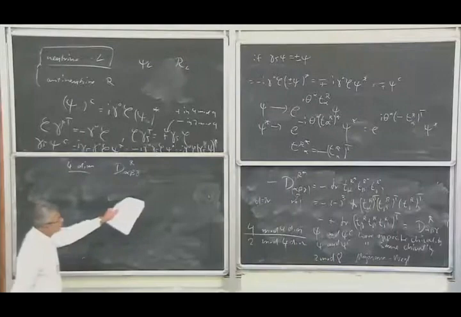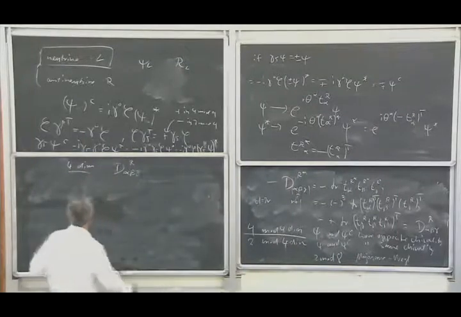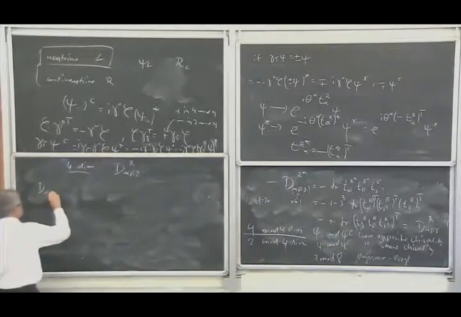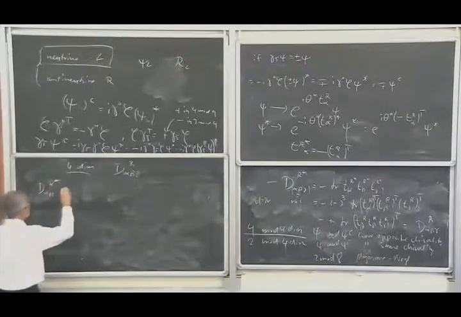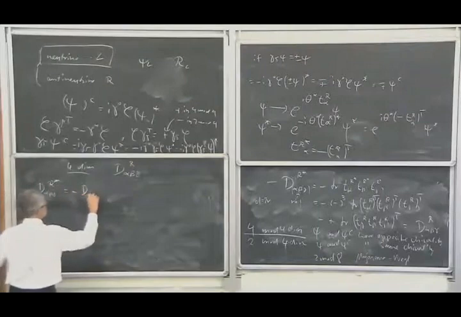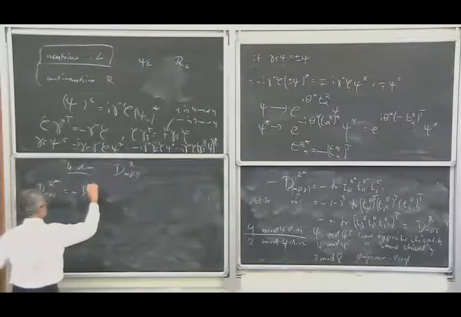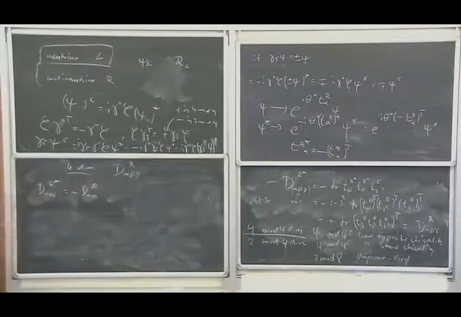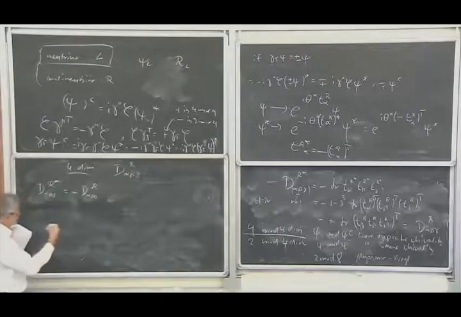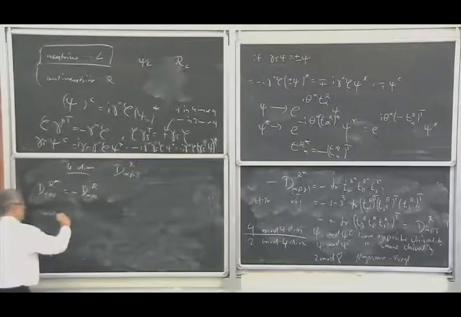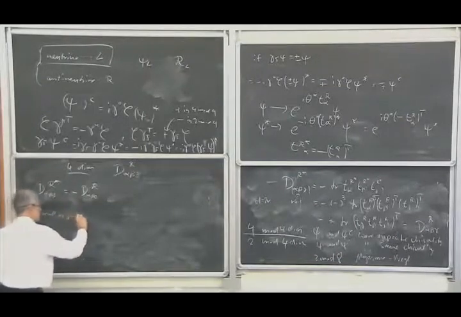Well, one thing I just showed you is that the D symbol for the complex conjugate representation equals minus the D symbol for the corresponding representation. Okay. Now, a representation is called real or pseudo-real.